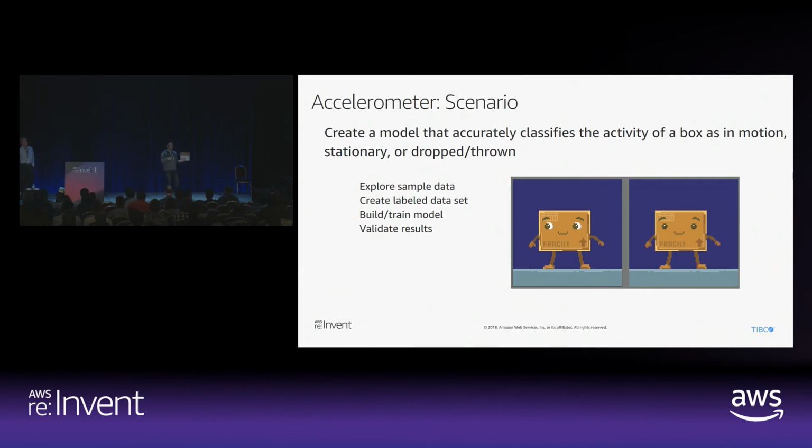And what if the accelerometer could pass its readings into a FlowGo application and then into a TensorFlow model? Could we predict what's happening to the box fast enough so that it appears to be occurring in real time? And it turns out the answer is yes. I'll show you this in just a few minutes. For now, I'm going to pass it over to Abram to talk about the details.